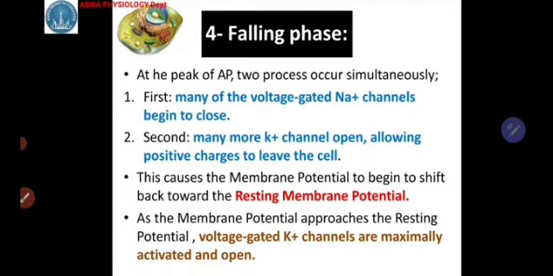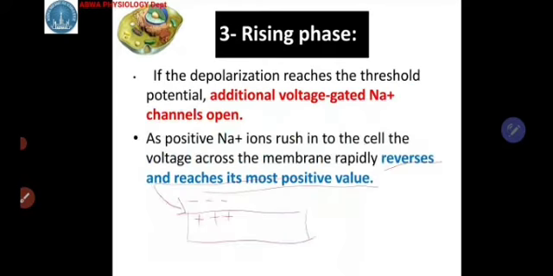Falling phase. At the peak of the action potential, two processes occur simultaneously. First, many voltage-gated sodium channels begin to close when the action potential peak has been achieved. At this point, sodium channels are beginning to close and potassium channels are beginning to open.